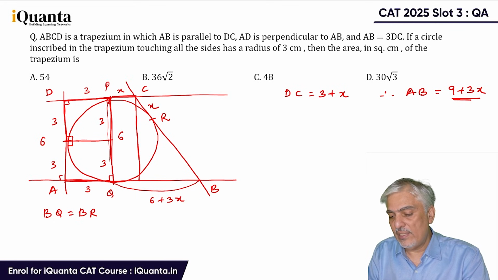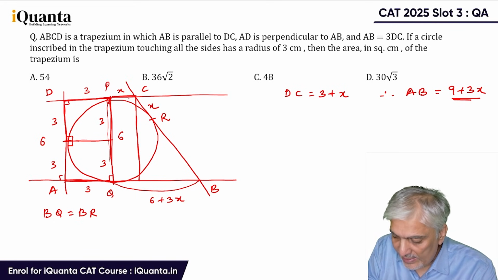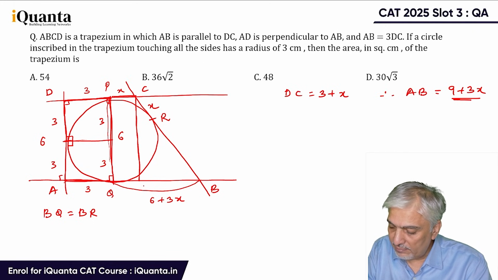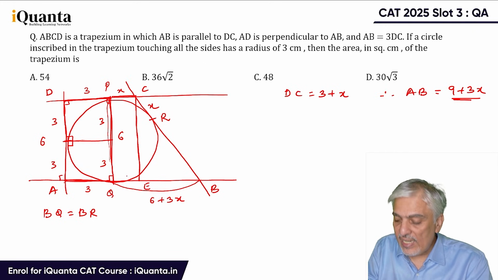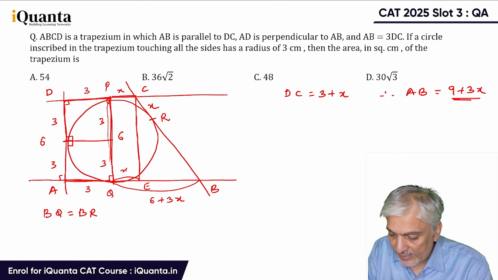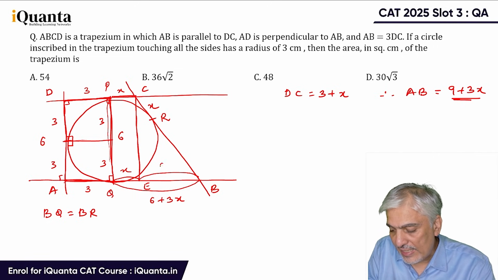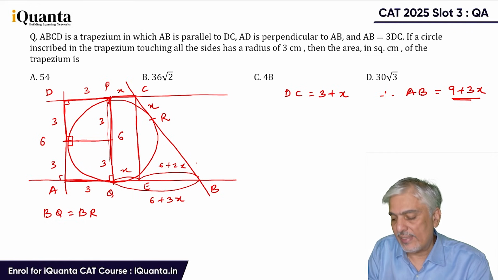QB is 6 plus 3x, out of which, since CP is x, let's call this some other point, say E. CE will also be x, and therefore this much will become 6 plus 2x.